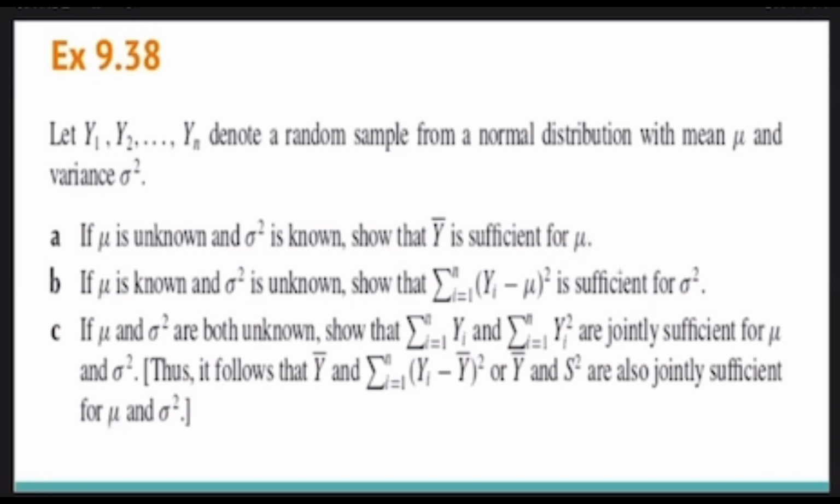If mu is unknown and sigma square is known, show that y bar is sufficient. I just showed that today. Now the second, if mu is known and sigma square is unknown, show that that is sufficient. You can try that. What if both are unknown? That's what I just showed you now. Show that the summation y and summation y squared will be sufficient. That is another question.